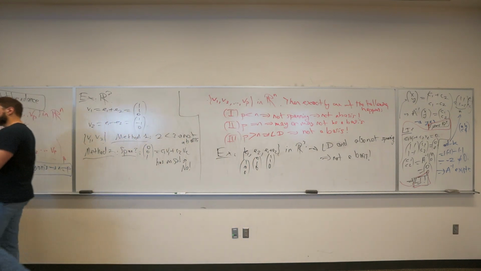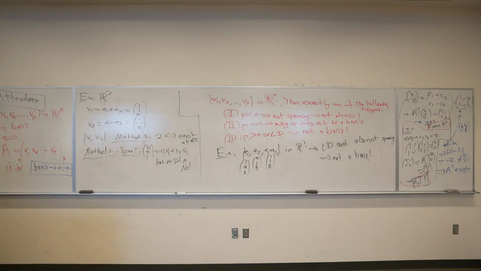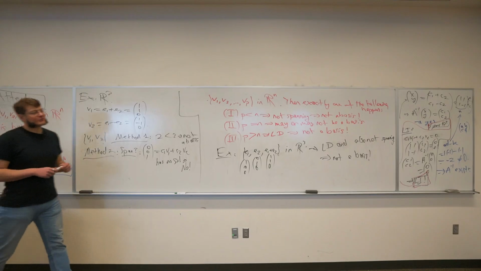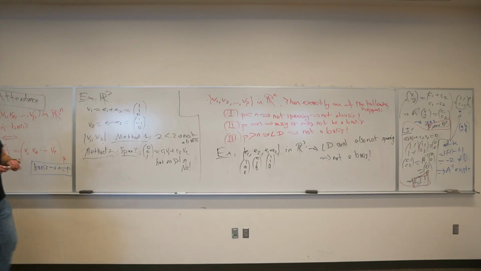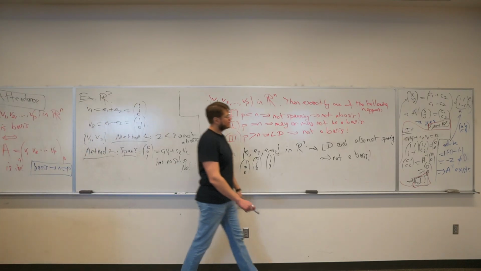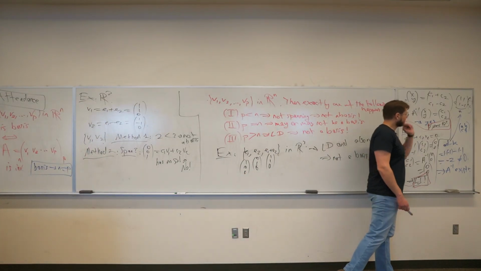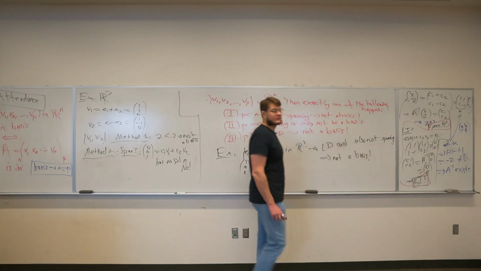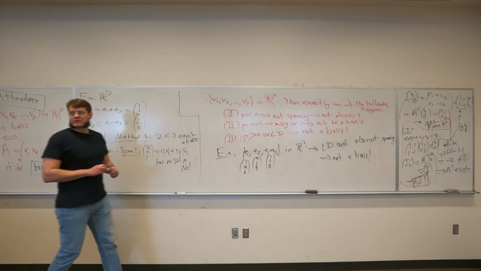In which case you're going to have some sort of shortcut, even though computing determinants is also not that straightforward. It takes some time. So you're going to be able to use something like this AD minus BC condition to figure out if your set of vectors is a basis or not. Okay.